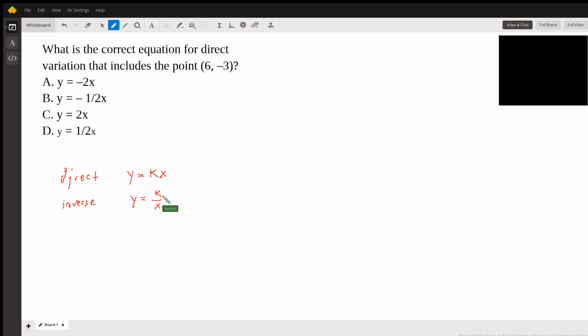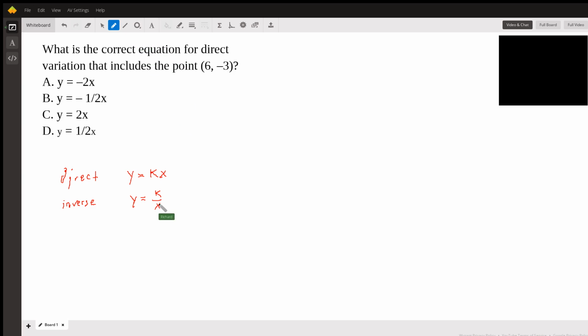Sometimes the words change a little bit depending on your teacher and your textbook. Sometimes they'll say y is directly proportional to x up here, and then down here they might say y is inversely proportional to x. So it's just different words really. The content is the same.